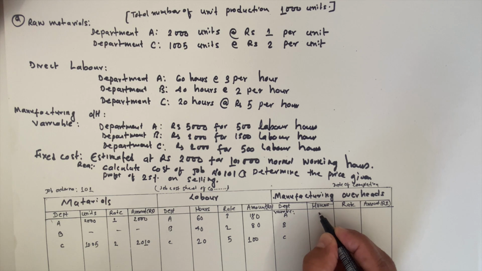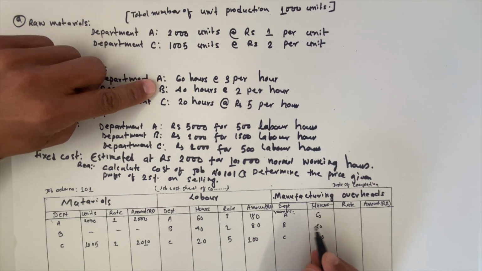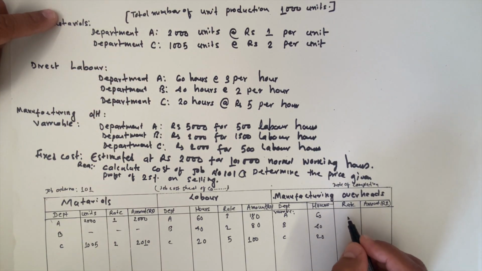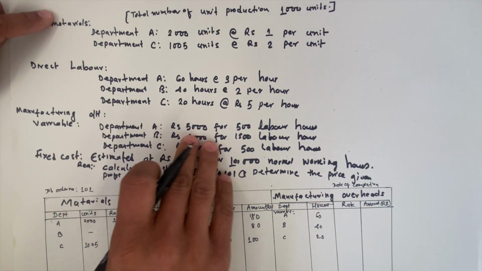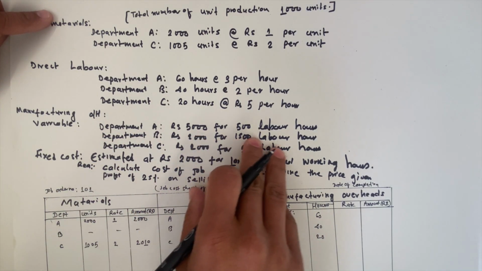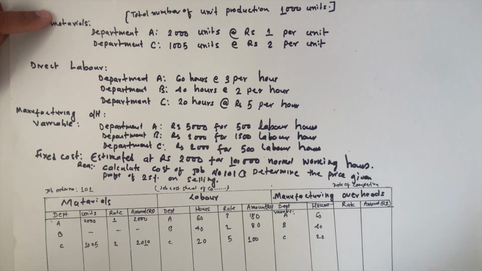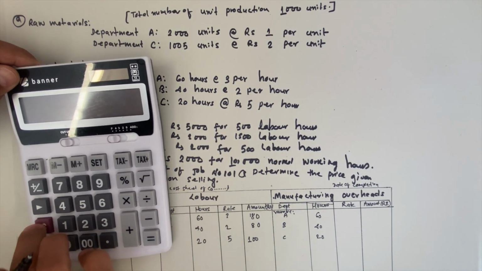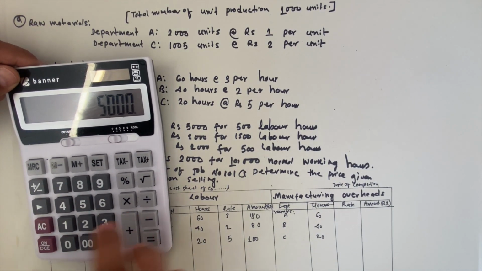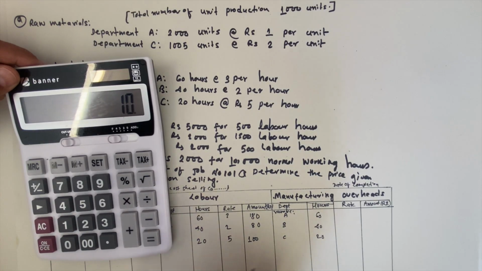So department A is 60 hours, B is 40 hours, and C is 20 hours. The rate we need to calculate here. Department A total amount is 5,000 and labor hours are 500. So let's divide 5,000 by 500.